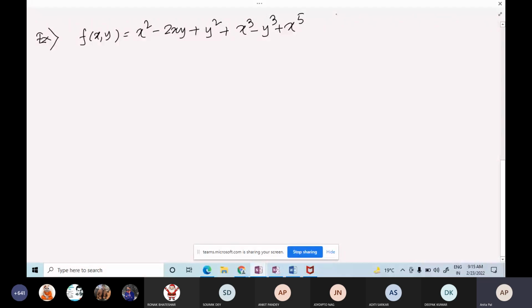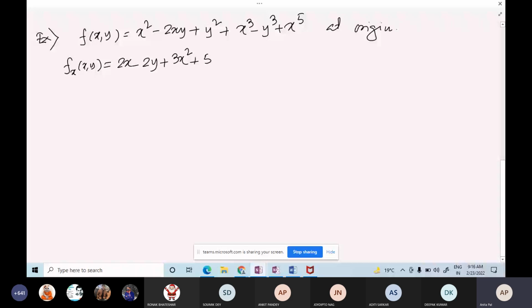Again, we have to check the nature of this function at origin. Same as the previous sum, here also we'll find out fx(x, y). So this will be 2x minus 2y plus 3x squared plus 5x to the power 4.